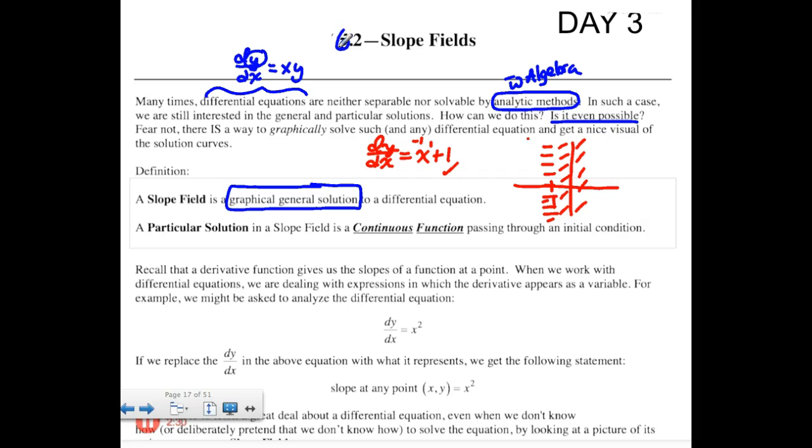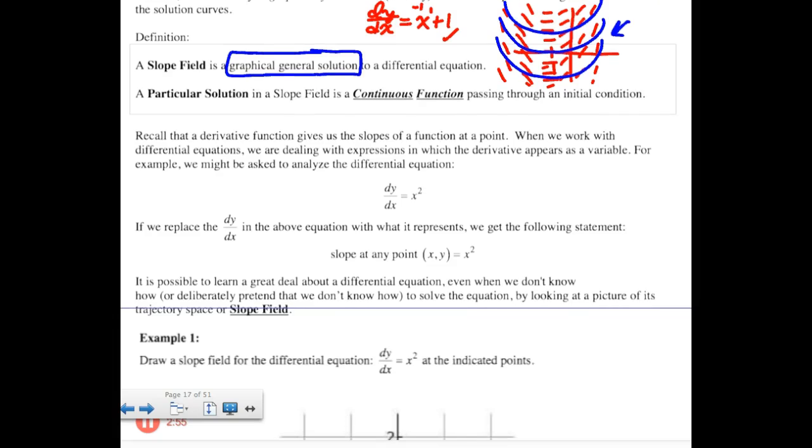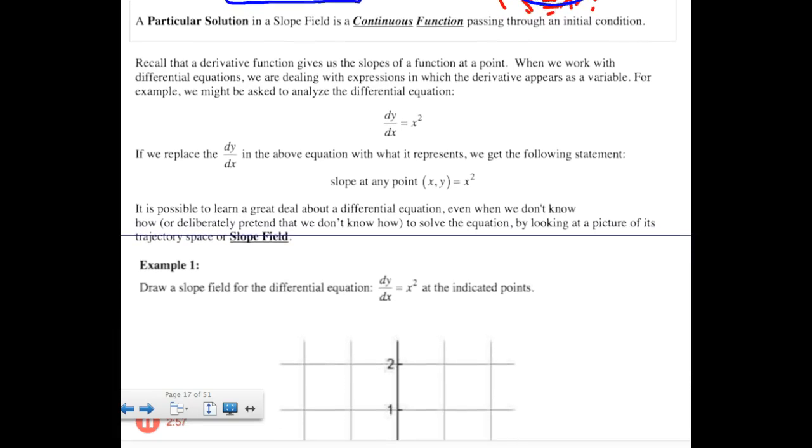This you'll get in a little bit because we're going to make some. But when you squint and go with the flow for this one, you see a family of parabolas forming when you kind of squint and follow those tangent lines like wind flow. And this right here is called a slope field, and it's a graphical solution or visual to the differential equation.